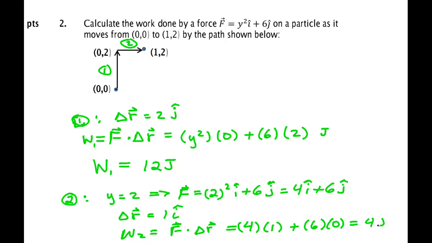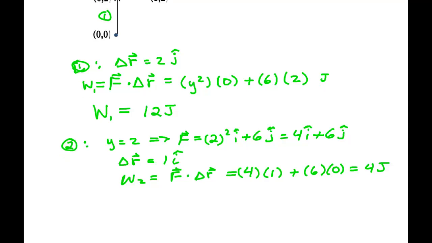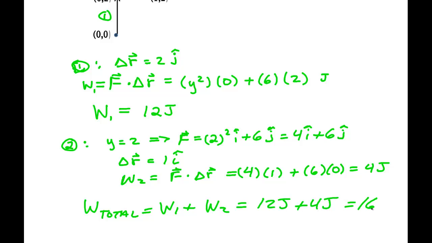So that's 4 joules. The 4 joules of work was done in the second part of the path. The total is W1 plus W2, 12 joules plus 4 joules is 16 joules. That's the total amount of work that was done in this path.